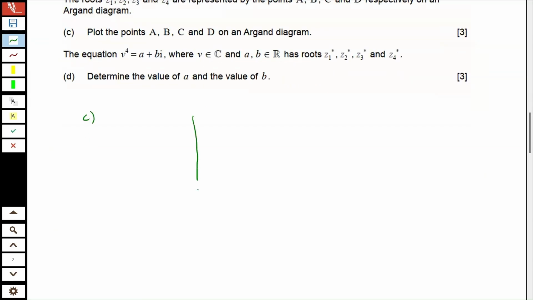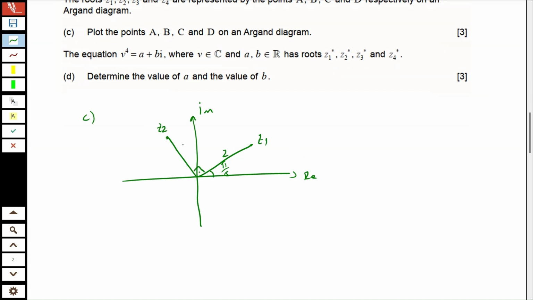Let's draw this. This is the real part and this is the imaginary part. Z1 is here with the angle of pi over 8 and the magnitude is 2. All of them have the same magnitude. This is Z2.